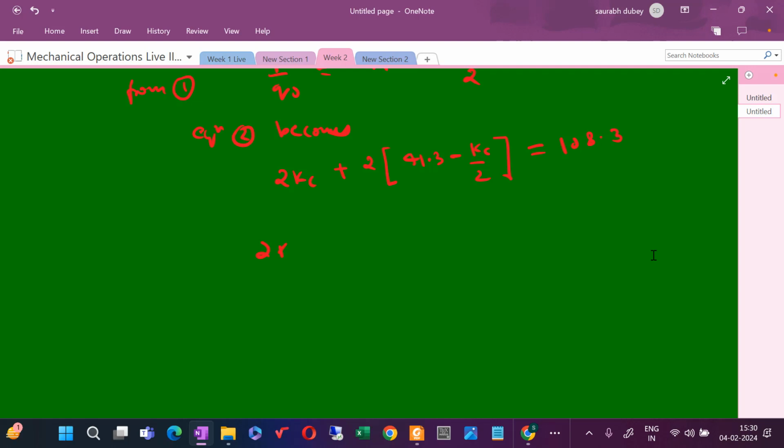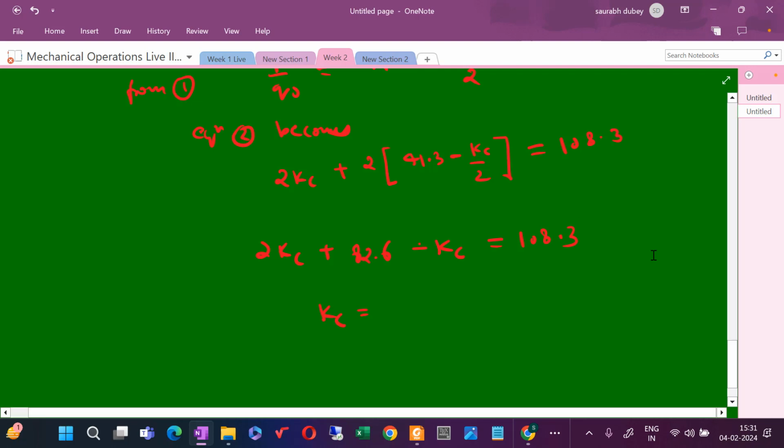So this 2 Kc plus 82.6 minus Kc equals to 108.3. So Kc equals to 108.3 minus 82.6.